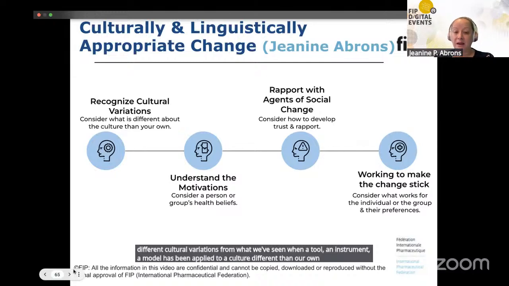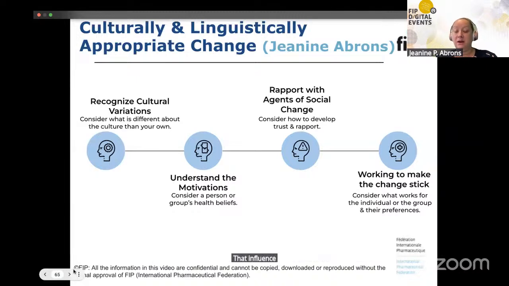That can mean we need to take a moment to understand how motivations are different, or whether there are different health beliefs that influence individuals in their health behaviors or their actions.